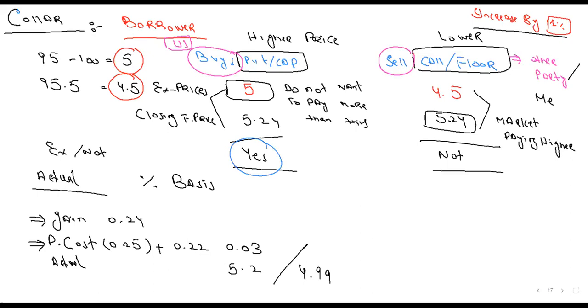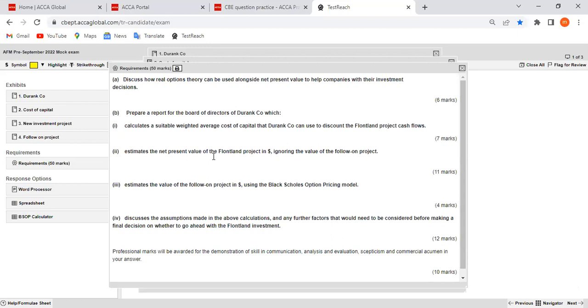Now see, now we have to find out what was the problem here. The examiner told you in this question that we have to compute the net present value of the F project, ignoring the value of the follow-on project.